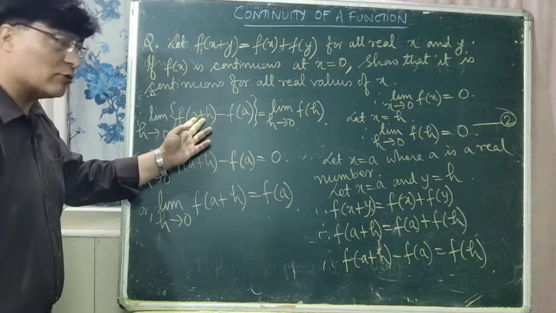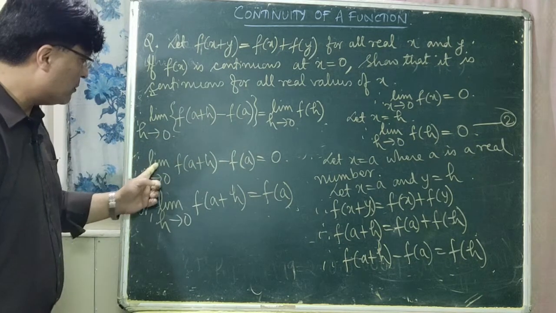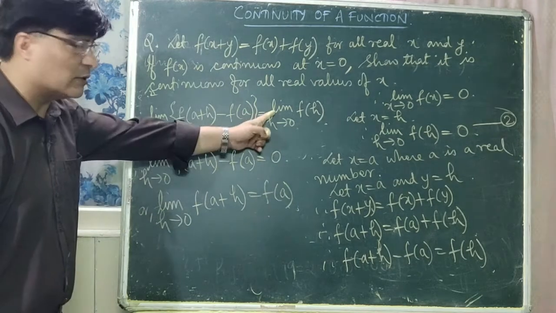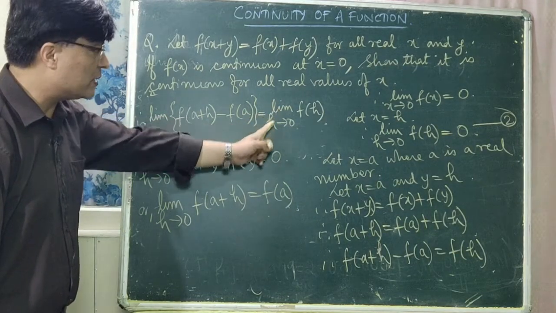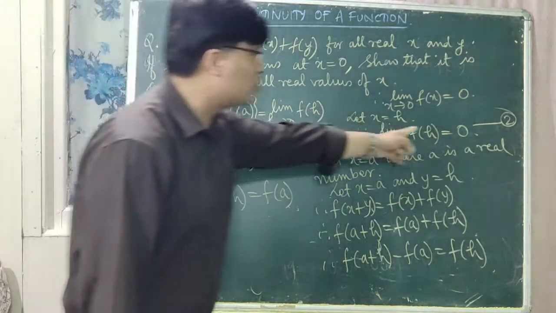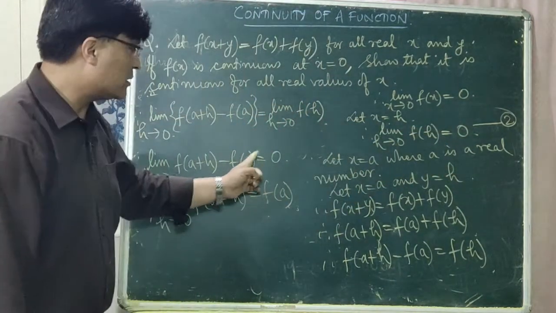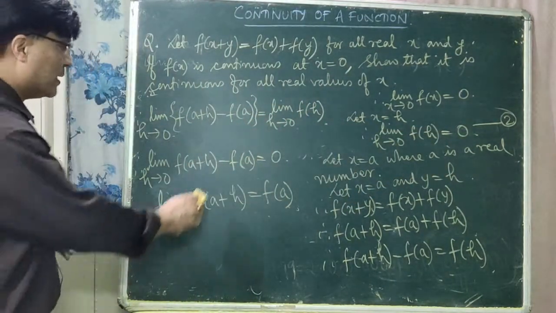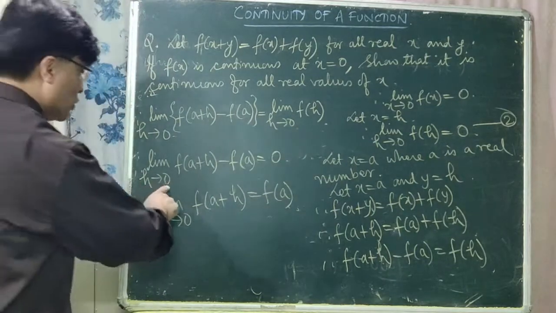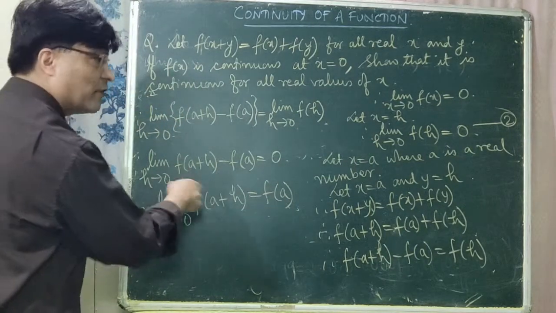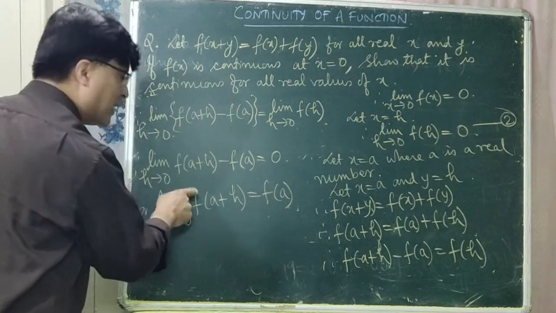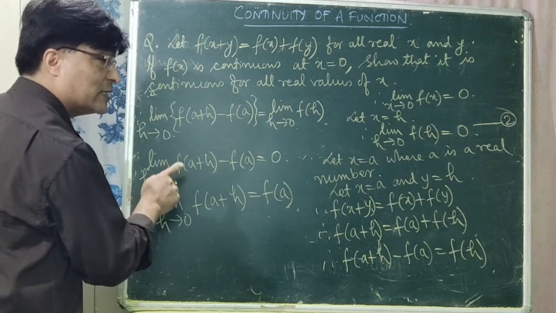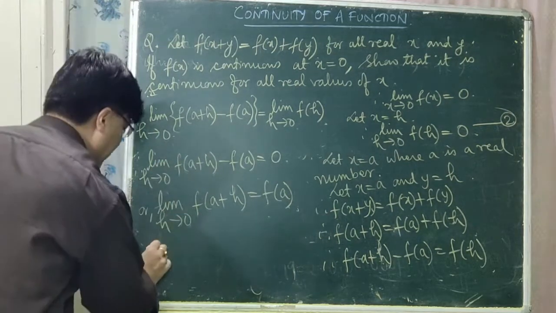Since h is out here, you have to write down the limit h tends to 0, f of a plus h is equal to limit h tends to 0, f of h. What is this value? It is 0 from 2. So we have written 0 out here, and minus f of a is taken to the right hand side. This relation shows that from the definition, the function f of x is continuous at x is equal to a.